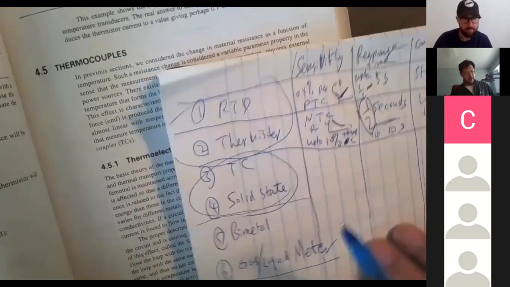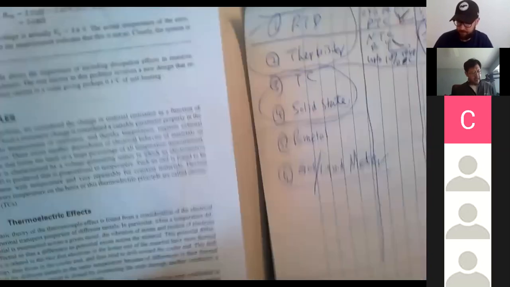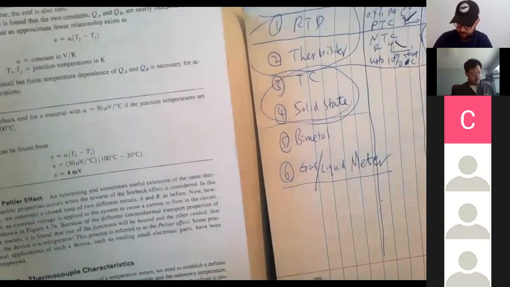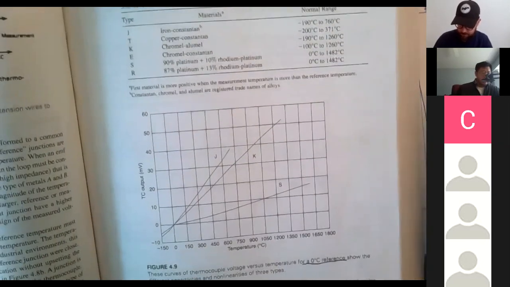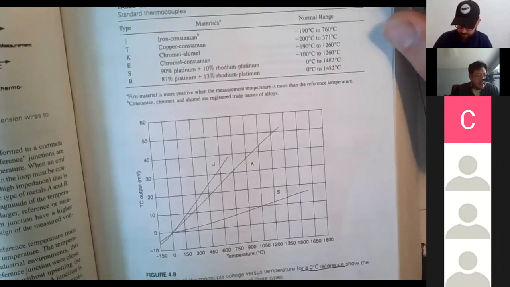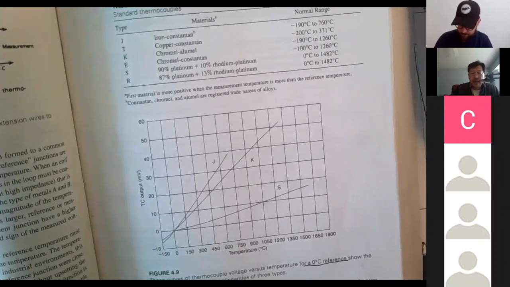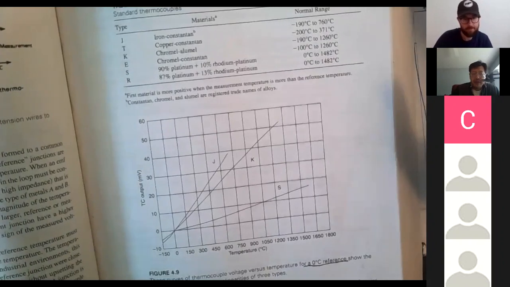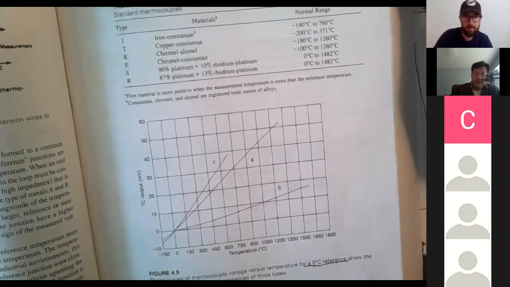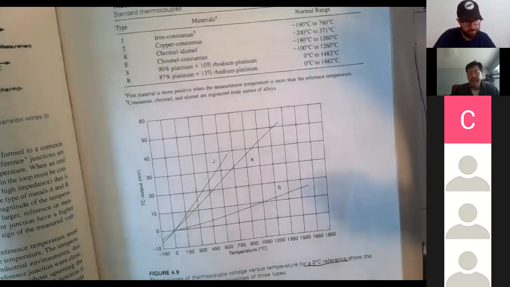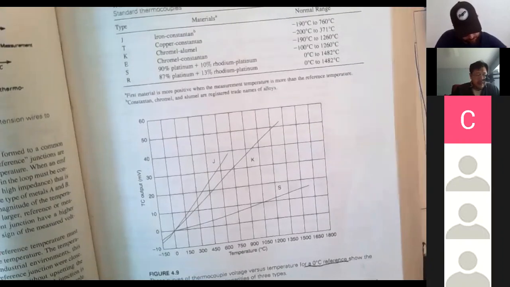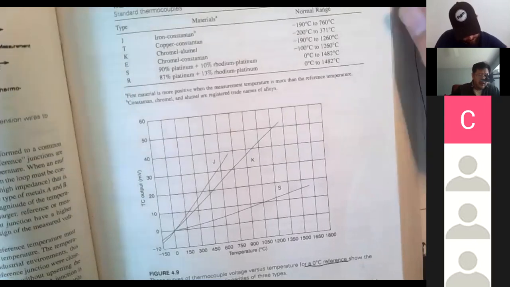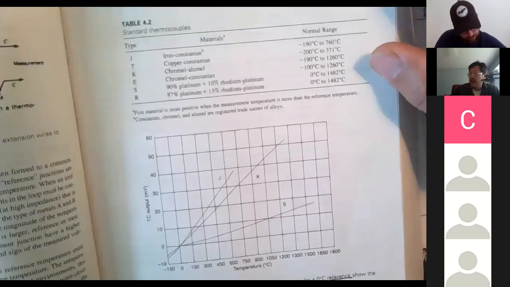Thermocouples. So what exactly is a thermocouple? Put it this way, it is a small battery. It will convert thermal energy into electrical energy. So that's a thermocouple. It's a little battery.